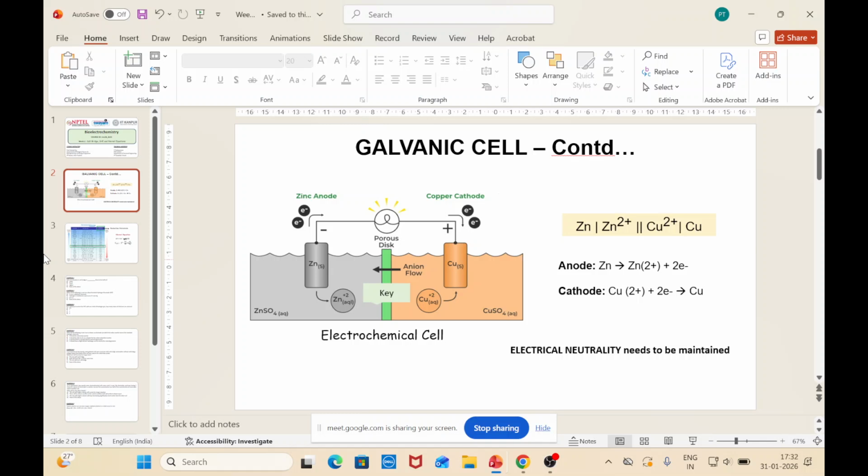So in order to minimize or solve this problem, we come to the concept of salt bridge. The name itself is kind of self-explanatory. You use some sort of a salt and make a bridge. In case of an electrochemical cell, we usually have an anodic and a cathodic compartment.